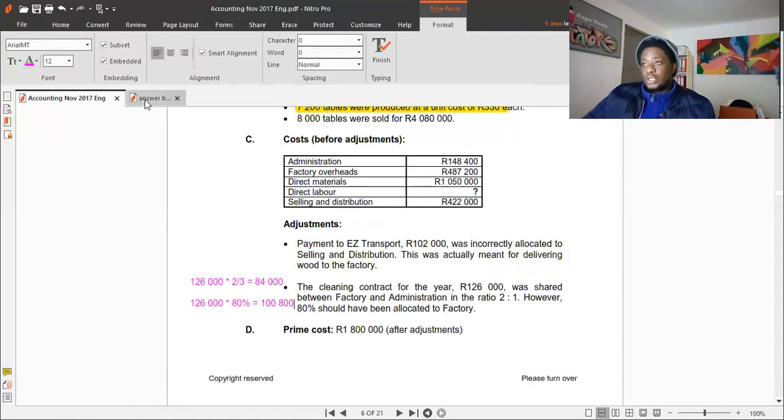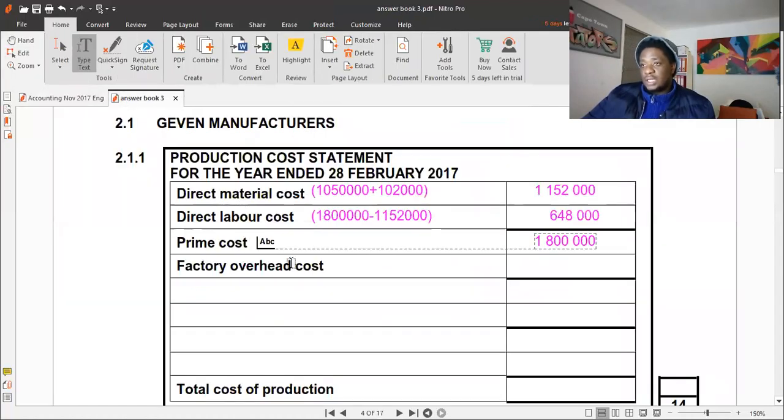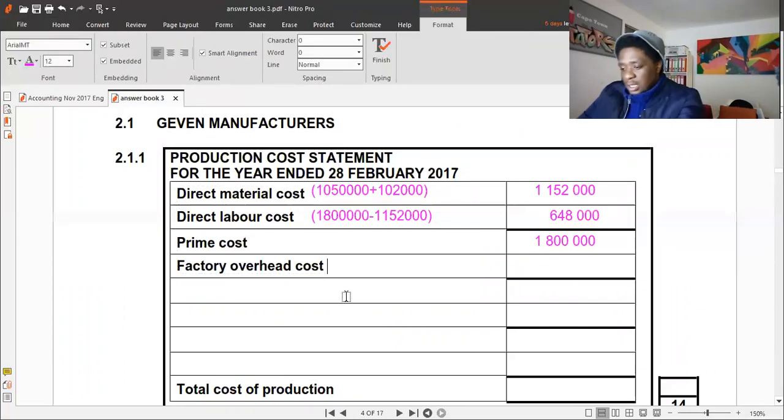And therefore, the way to fix it would be to go to factory overhead costs and say 487,200, and then we would have to minus the 84,000 that was wrongfully included, and then add the 100,800.